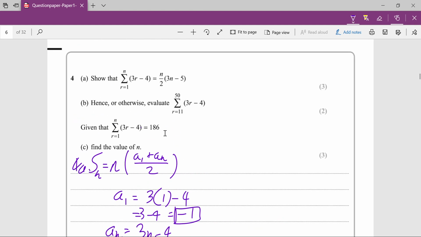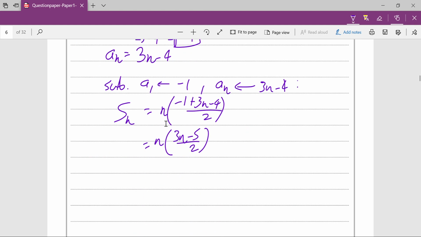And of course we want to show that it's n over 2 times (3n minus 5), so we just move the 1 over 2 factor outside to get n over 2 times (3n minus 5).